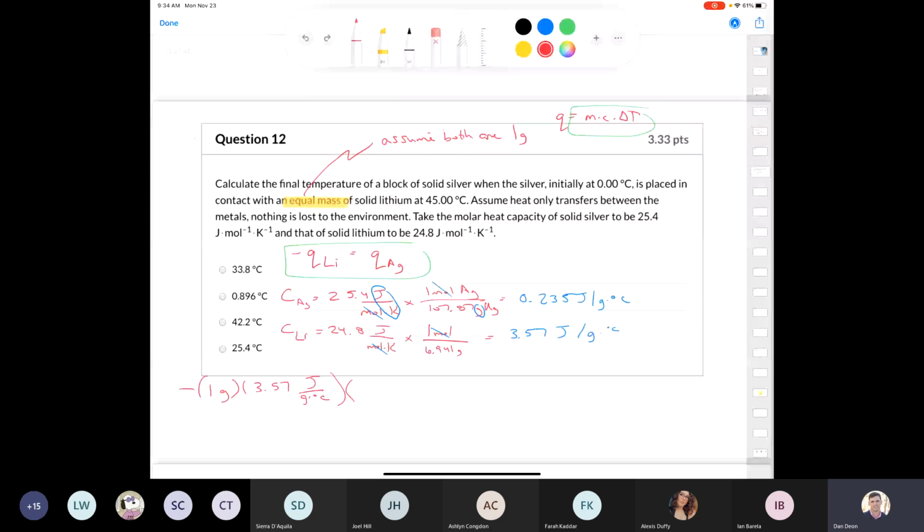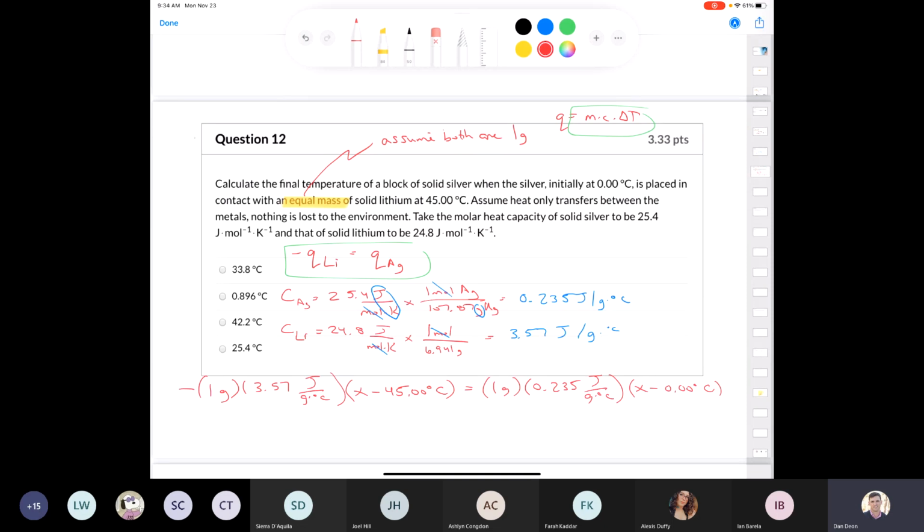So X minus 45 degrees Celsius, which is the initial temperature of the lithium, is going to be equal to 1 gram of my silver multiplied by 0.235 joules per gram degrees Celsius multiplied by X minus, what was it? 0.00 degrees Celsius. Well, that makes the math a little bit easier.